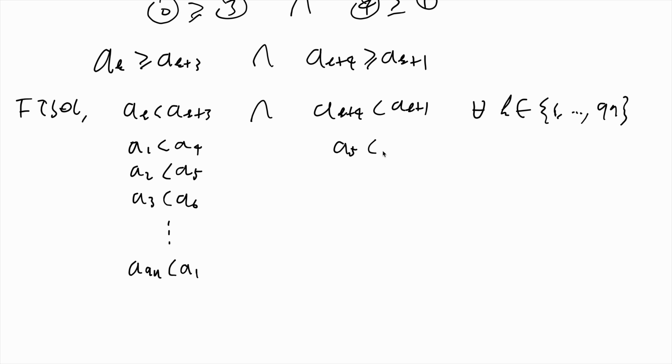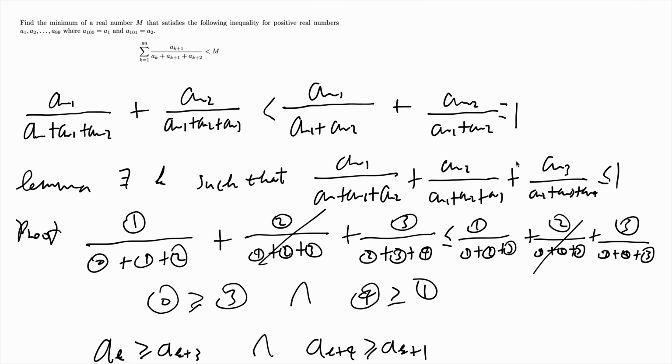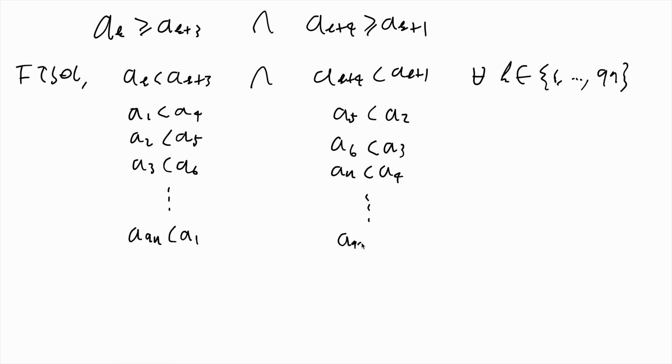So a sub 5 is less than a sub 2, a sub 6, a sub 3, a sub 7, a sub 4, and so on until we get a sub 90, a sub 1, a sub 2. What happens when we substitute 96? A sub 99, a sub 96, a sub 1, a sub 97, 98, a sub 2. So this is always true.